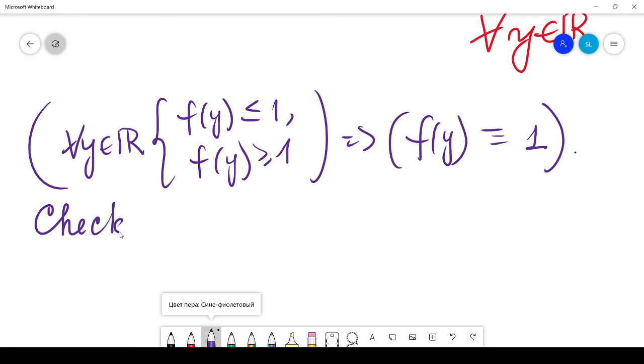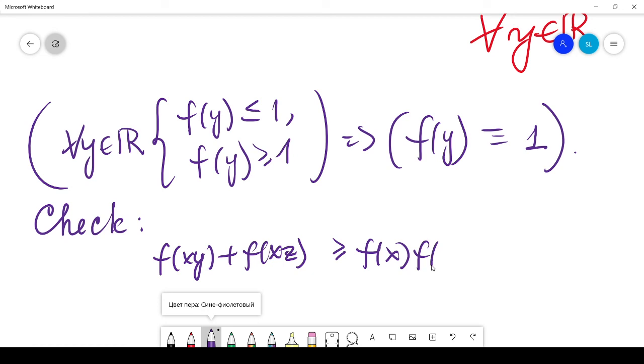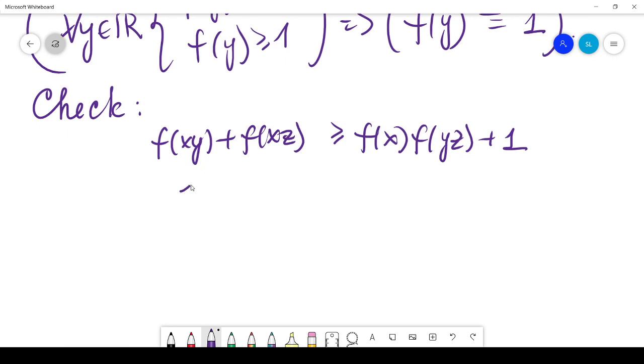Let's check our solution. f of xy plus f of xz is bigger than or equal to f of x times f of yz plus 1. Now 1 plus 1 is bigger than or equal to 1 times 1 plus 1.